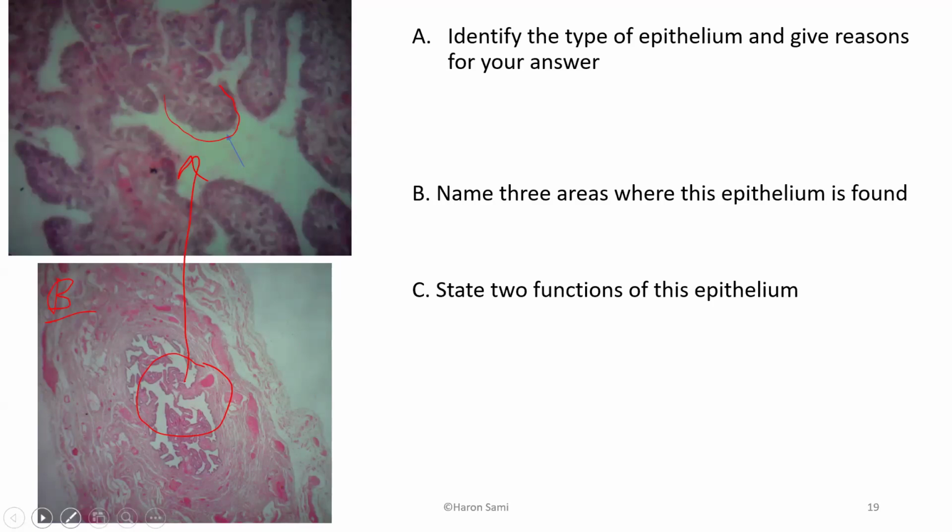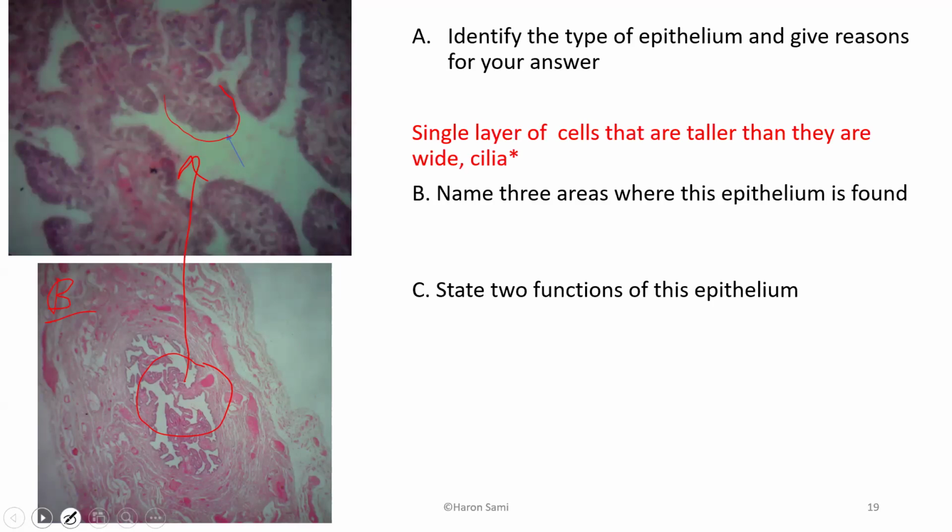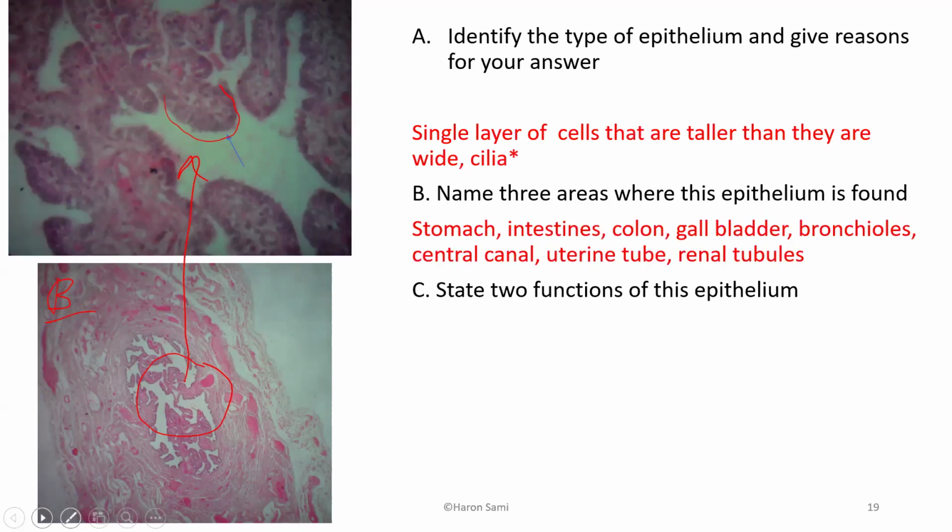In fact, a good question has been asked. Is this simple columnar just, or is it simple columnar ciliated? I think you should add ciliated, because in the fallopian tubes, it's ciliated. So you've seen the areas: stomach, small intestine, large intestine, colon is large intestine, gallbladder, bronchioles, central canal of the spinal cord, uterine tube.